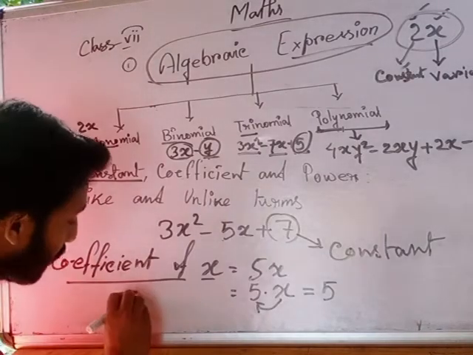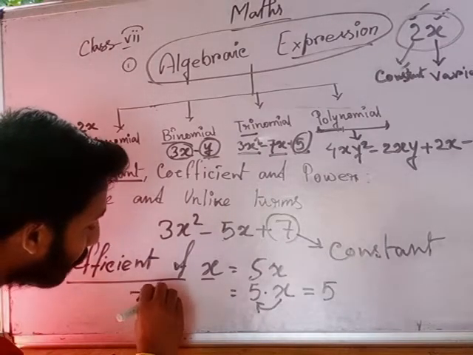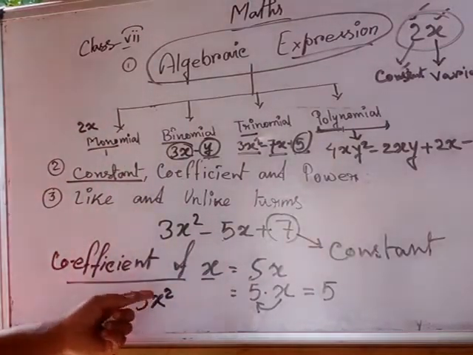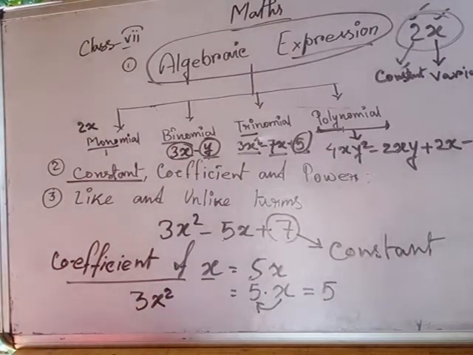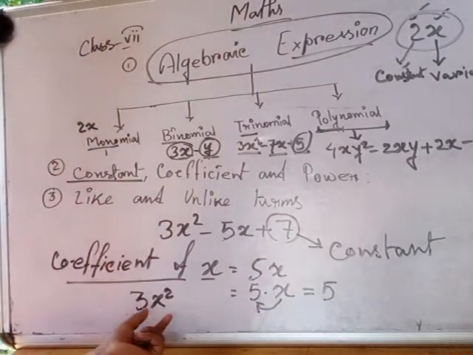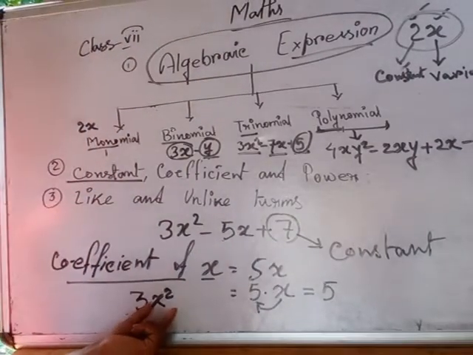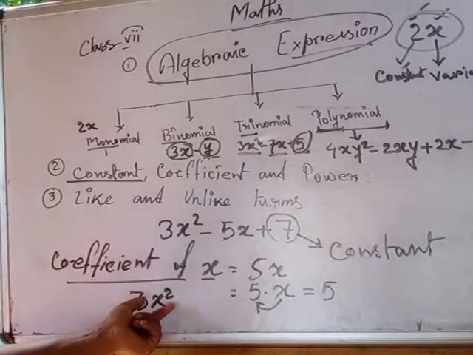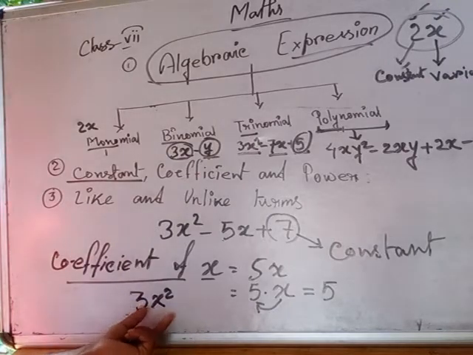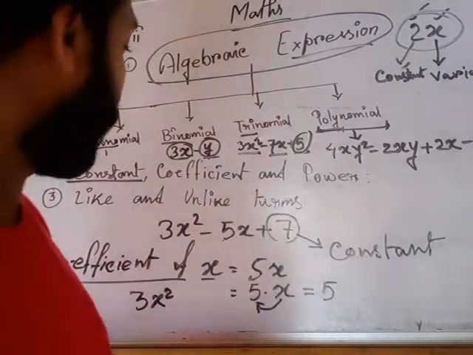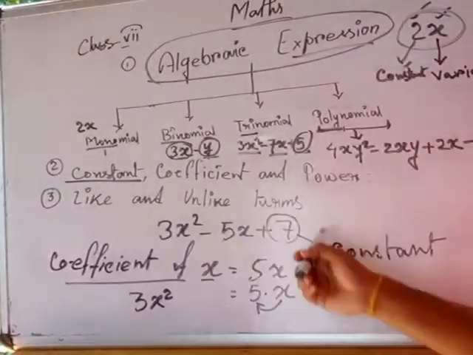Suppose it is 3x square, at that time the coefficient of x square is 3, because 3 is along with x square.